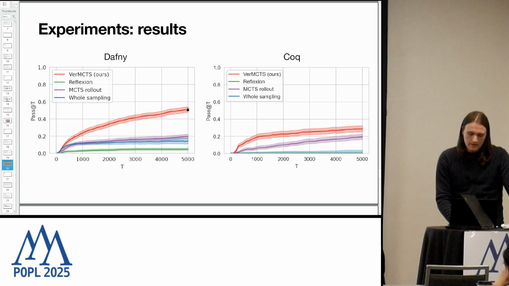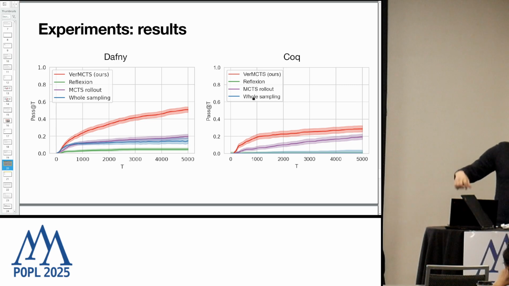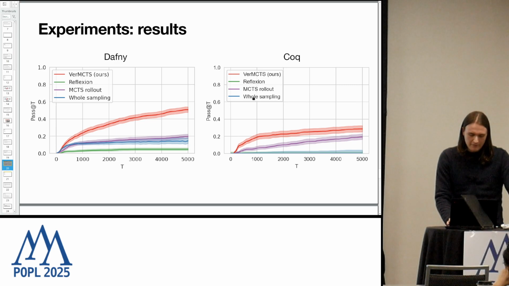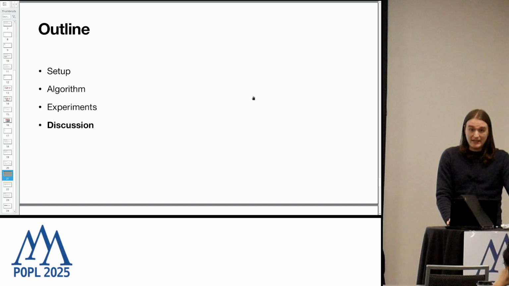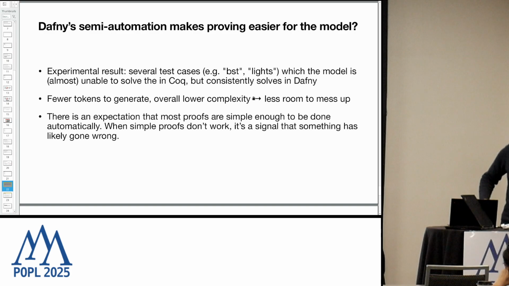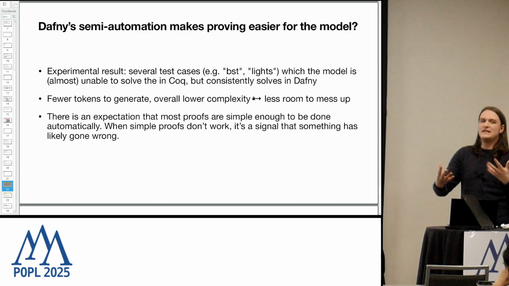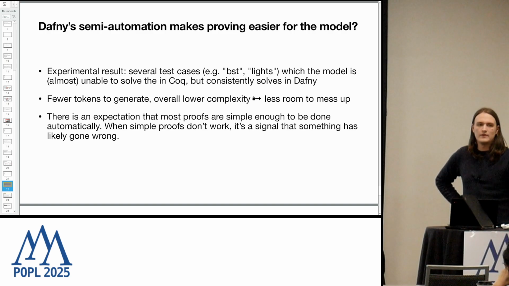You also see that for Coq, the numbers are overall much lower, which brings me to the discussion. Since this is the Dafny workshop, what is happening here between Dafny and Coq? Our presumption is Dafny's semi-automation might make proving a little easier for the model. So all the comforts that Dafny has introduced for human programmers are also working well on the model.